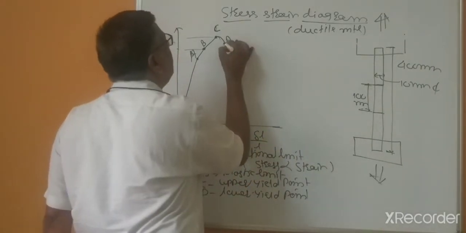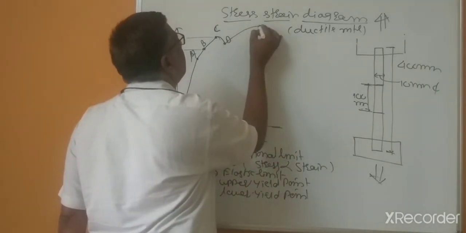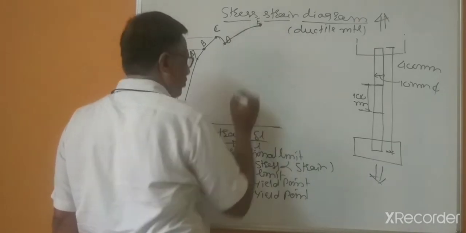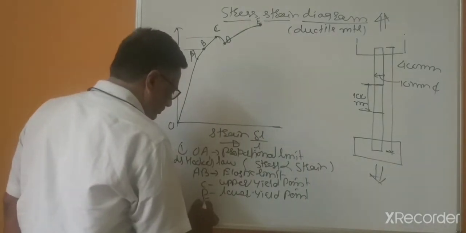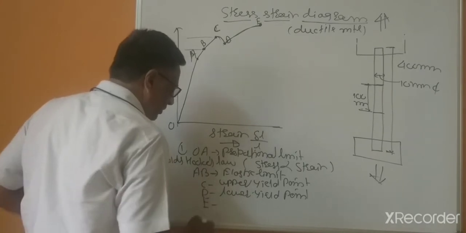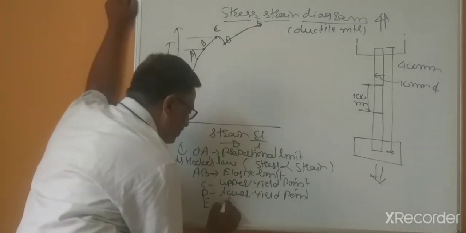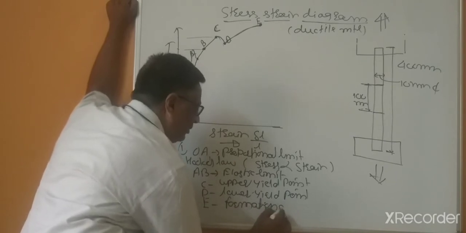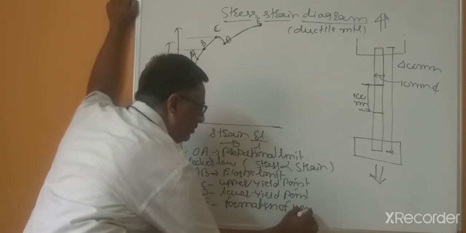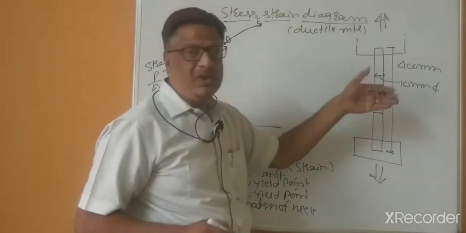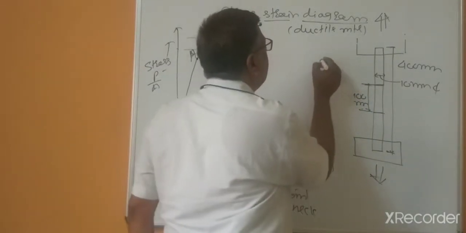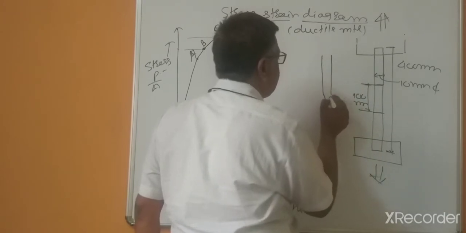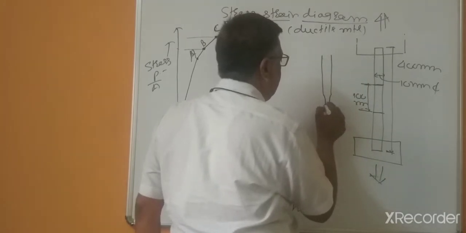Now from point D, this is point E, which means the formation of neck. The formation of the neck is at point E, such type of neck formation.